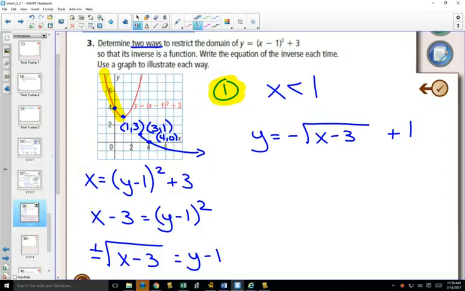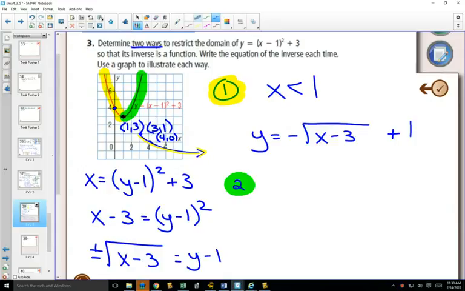So I'm just going to highlight this line with a little bit of bright yellow so we remember that that one went with the yellow highlighted part. And now if we take a different highlighter and highlight the other section, and that'll be our second way to restrict the domain.